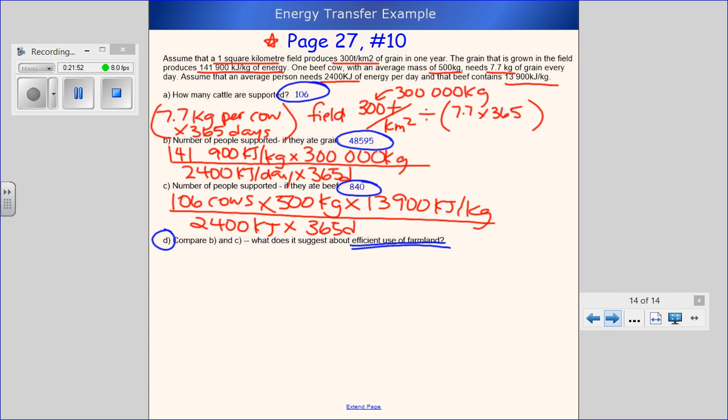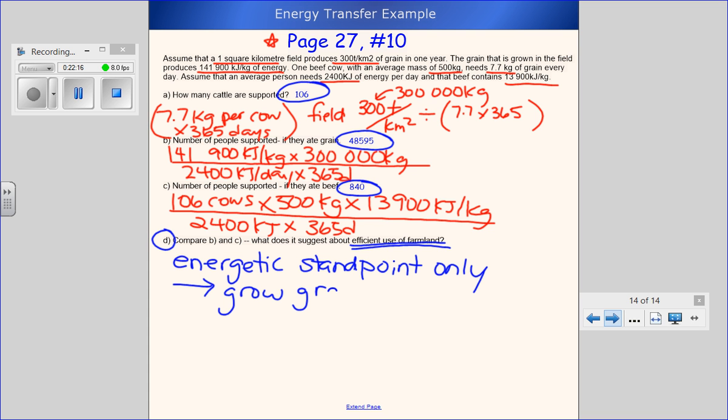And if we're looking from strictly an energetic standpoint, so we're not talking about any other factors, but we're thinking just about the amount of energy that is available, it makes way more sense to grow grain.